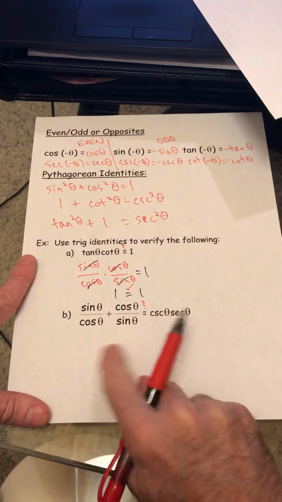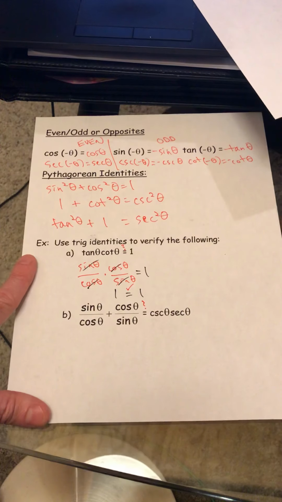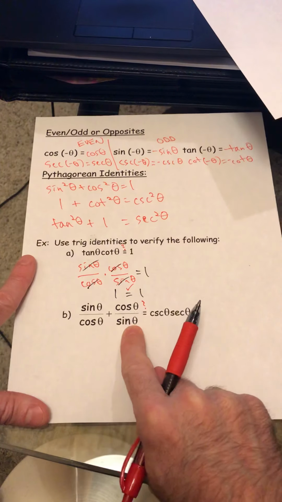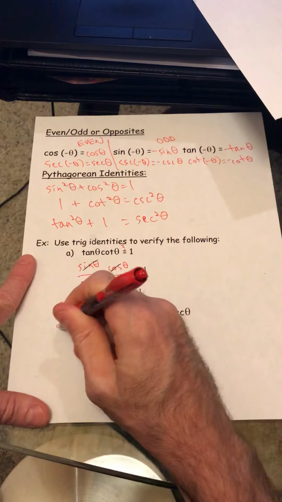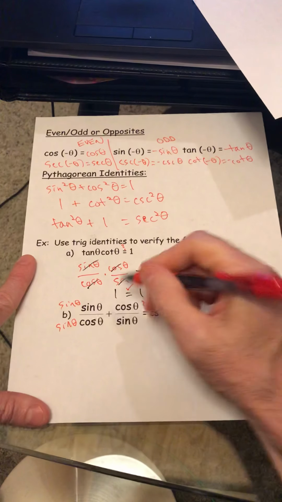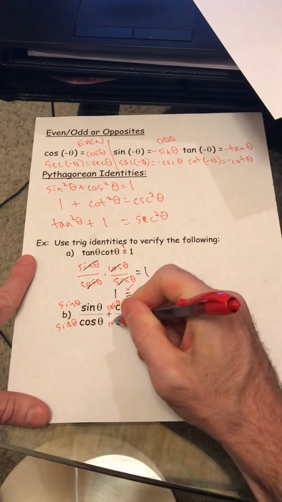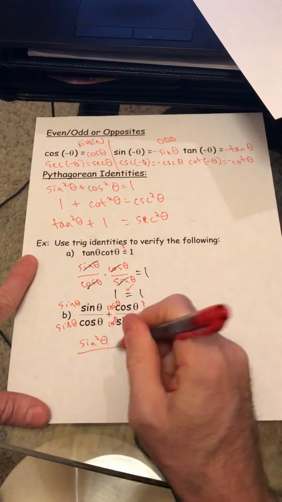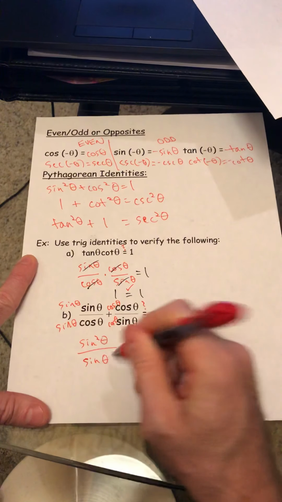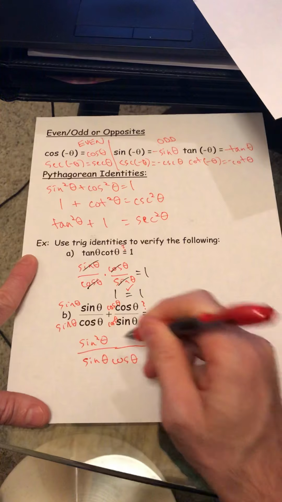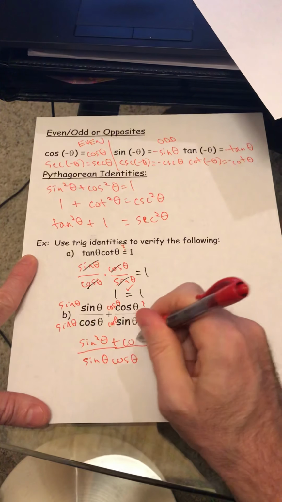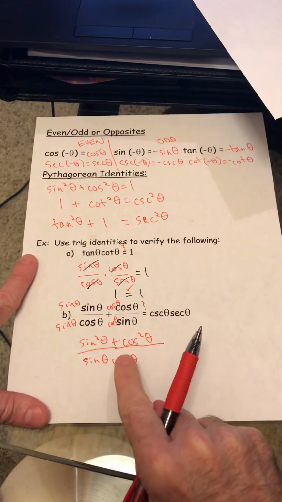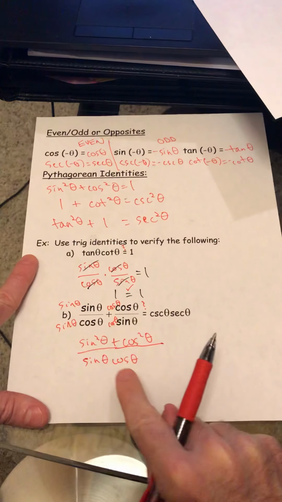If you see adding fractions, most of the time what you're going to need to do is get a common denominator. Well, I've got a cosine here, a sine here. So I need a sine here and here. I need a cosine here and here. That gives me sine squared over sine theta cosine theta plus cosine squared over sine theta cosine theta. I'm just going to combine those into a single fraction since we have our common denominator.